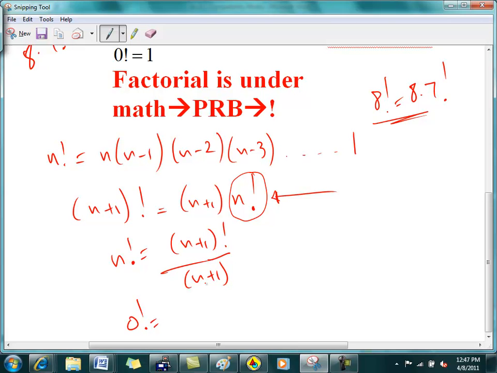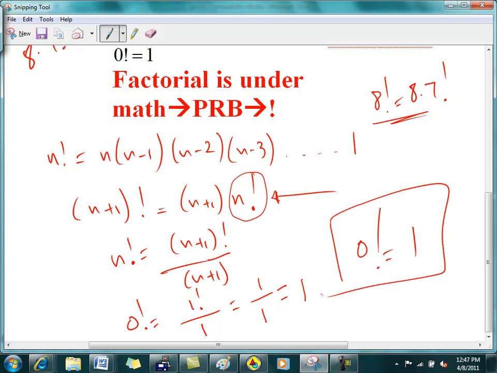What do I get on the right hand side for the numerator? 1 factorial. What do I get downstairs? 1. What's 1 factorial equal to? 1 over 1 equals 1. 0 factorial equals 1.